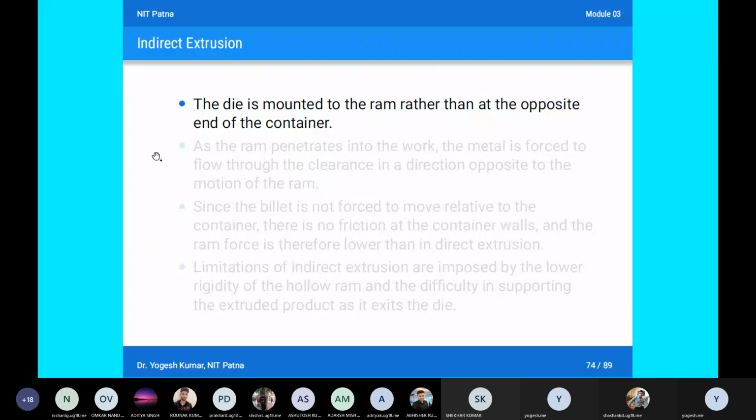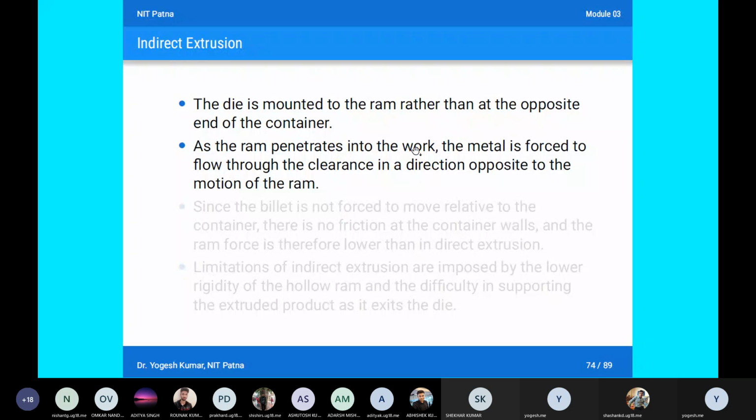As the ram penetrates the work, the metal is forced to flow through the clearance in a direction opposite to the motion of the ram. In direct extrusion, the metal was flowing in the direction of motion of the ram, but in indirect extrusion, it is moving opposite to the direction of motion of your ram.